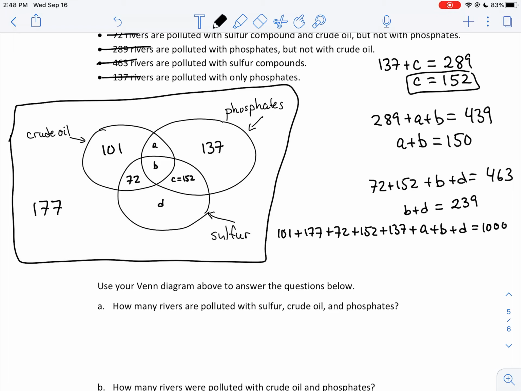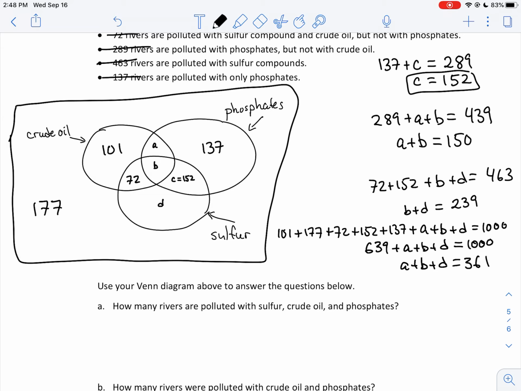Okay, and let me add those up. So we get 639. And then plus A plus B plus D equals 1,000. Subtracting 639 from 1,000 is 361.